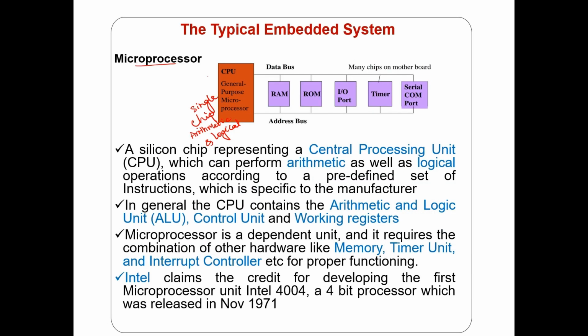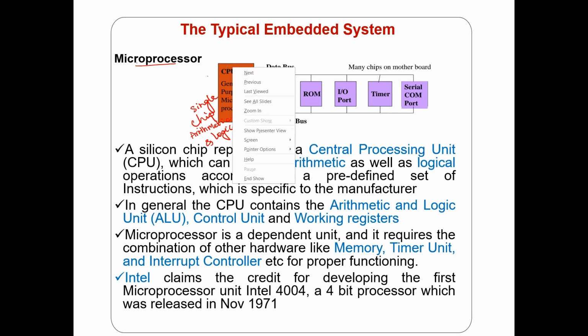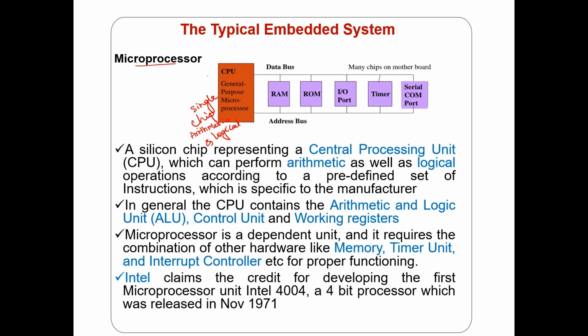If this microprocessor is used in an embedded system, we already know that the embedded system requires external peripherals. The peripheral devices include memories, ports, timers, serial ports, integrated special circuits, and communication interfaces.